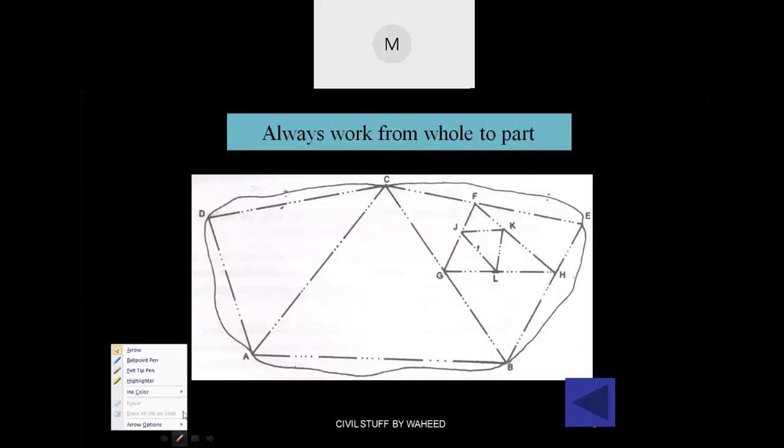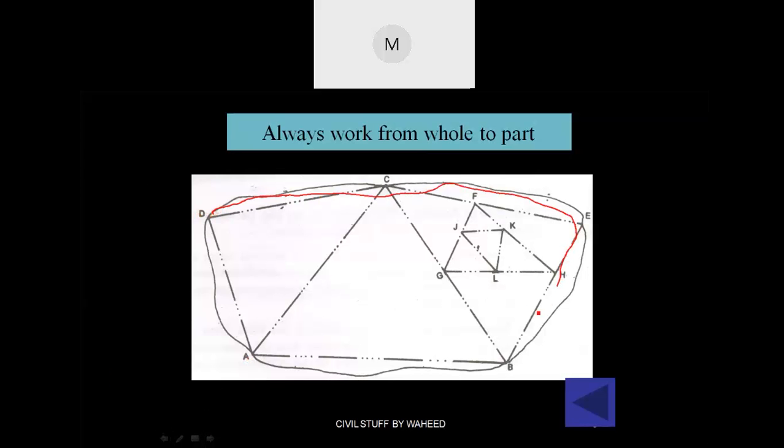Now, if you can see this picture, this undulated portion is the area to be surveyed, which is of irregular shape.